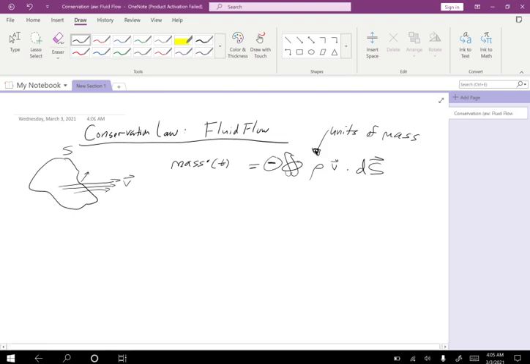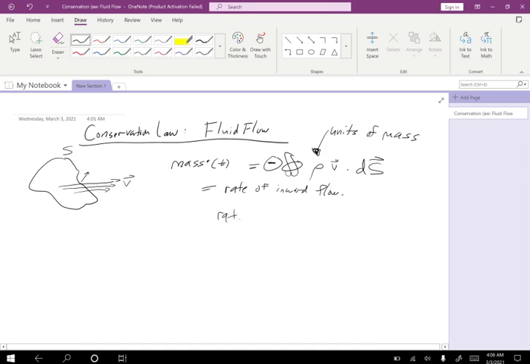And that's because this accounts for the fact that velocity usually indicates leaving the surface. So this is actually called the rate of inward flow.